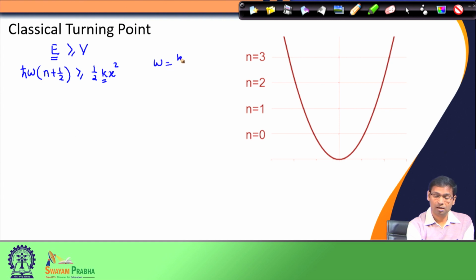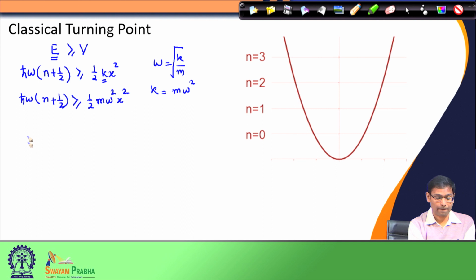If you remember, we defined omega as the square root of k divided by m, and therefore k is m omega square. So h bar omega into n plus half is greater than or equal to half, and instead of k, I now write m omega square. If I simplify, I keep this n plus half on this side, and the 2 I can bring to the left side.